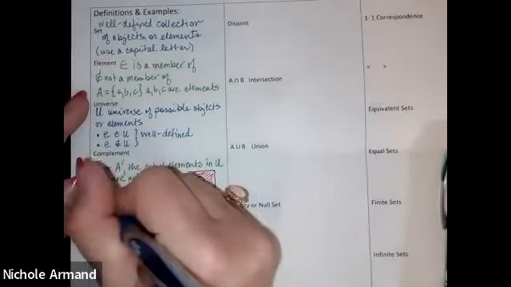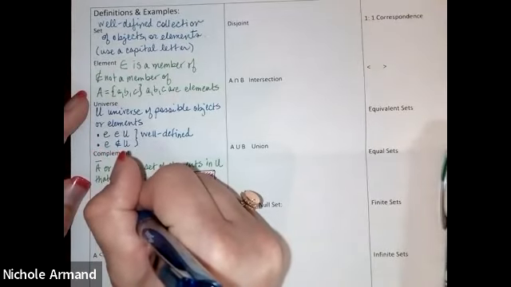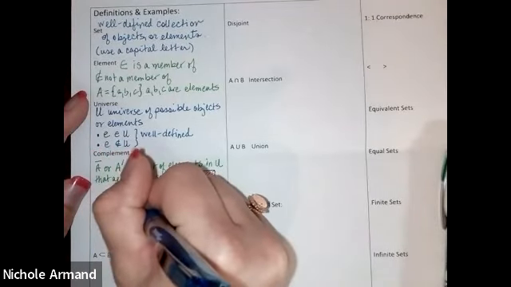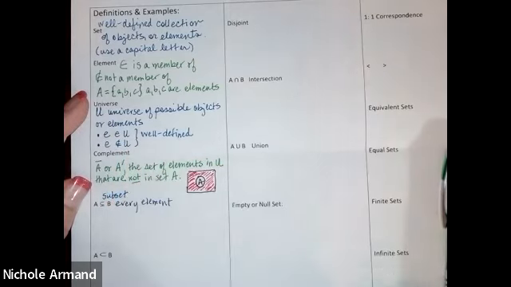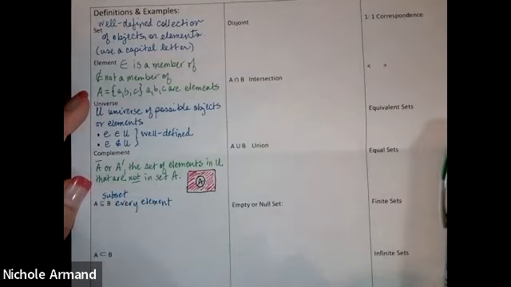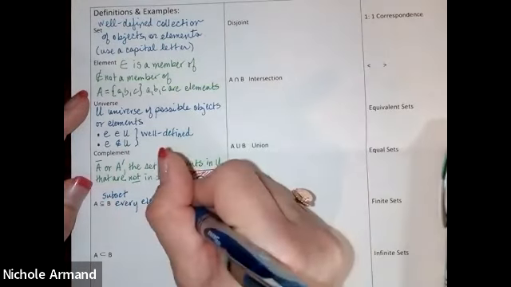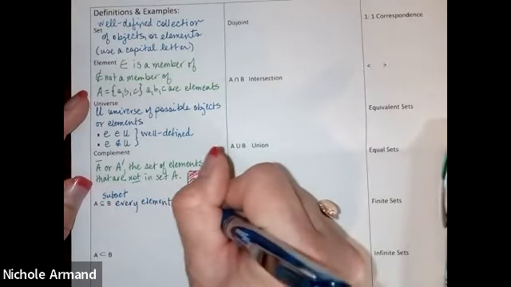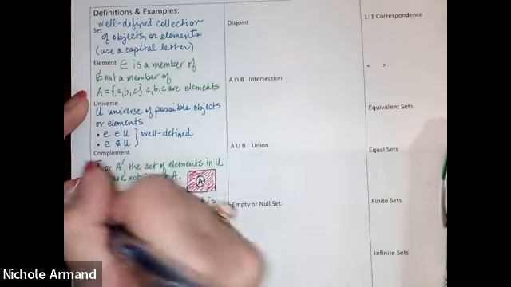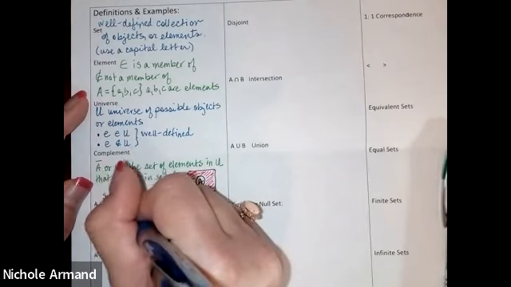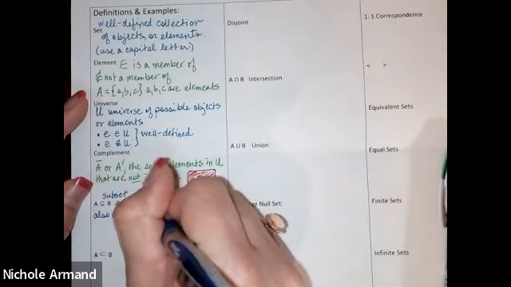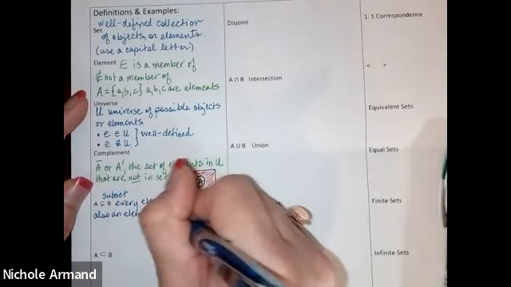And it means that every element, E, V, E, R, Y, sometimes it's hard to talk and write at the same time. Every element of set A is also an element of set B.